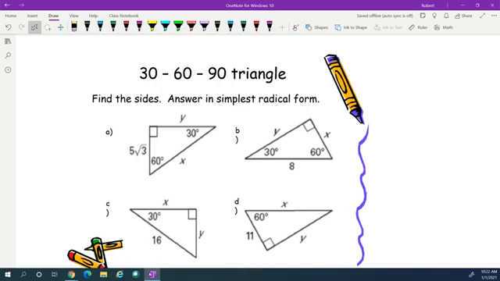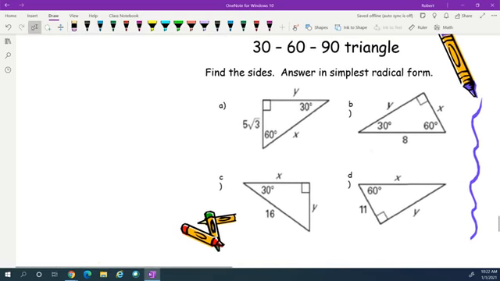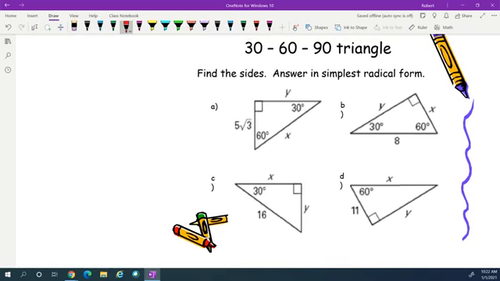And let's see what we have going on here. Let's do A right here. The first thing I need to do is identify my three sides. So obviously we have the hypotenuse. Since this is my 30, this is my short leg or my small leg, whatever you want to call it, which means this is my longer leg.